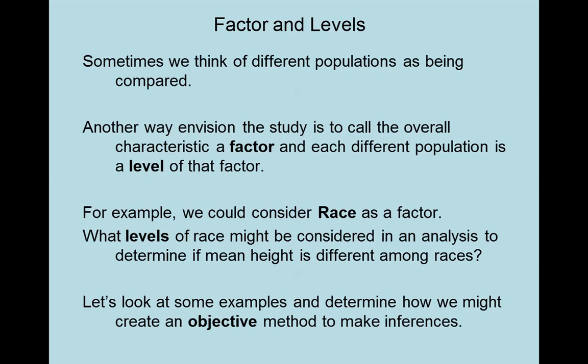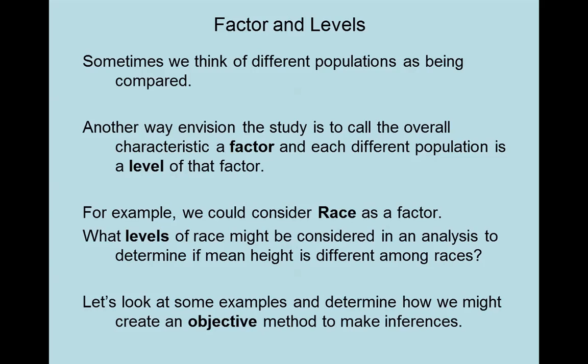For example, we could consider race as an overall factor, and then the levels of race, which might be considered in an analysis to determine if mean height is different among races, could be things like Hispanic, African American, white, Caucasian, and then other races.